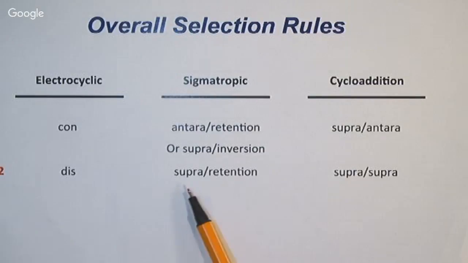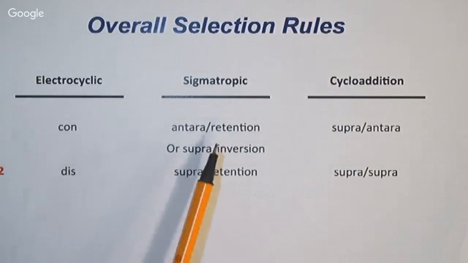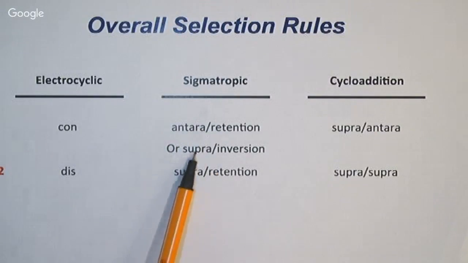If you've got a 4n+2 sigmatropic shift, like a 1,5, this would be suprafacial with retention. And if you had a 1,3, you could think of it as either antarafacial with retention or suprafacial with inversion. All right. But again, going back to the idea that the molecular orbitals tell you how the molecules are going to react together. Remembering that if you're going to make a bond, you need to think about it by frontier molecular orbital theory, where you need to match symmetry and match orbitals that have large coefficients in order to form bonds.